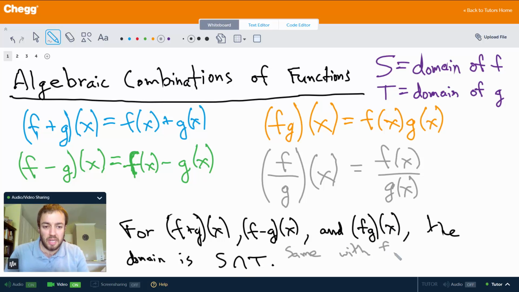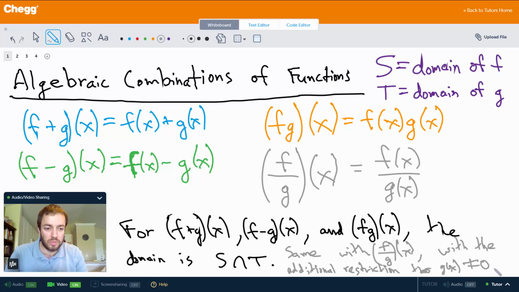Same with f divided by g of x, with the additional restriction that g of x is not allowed to equal 0.